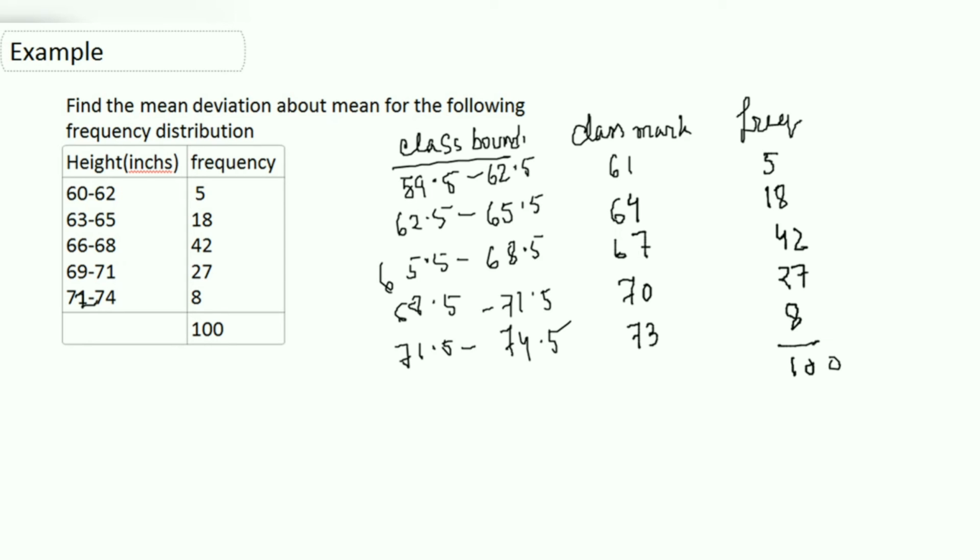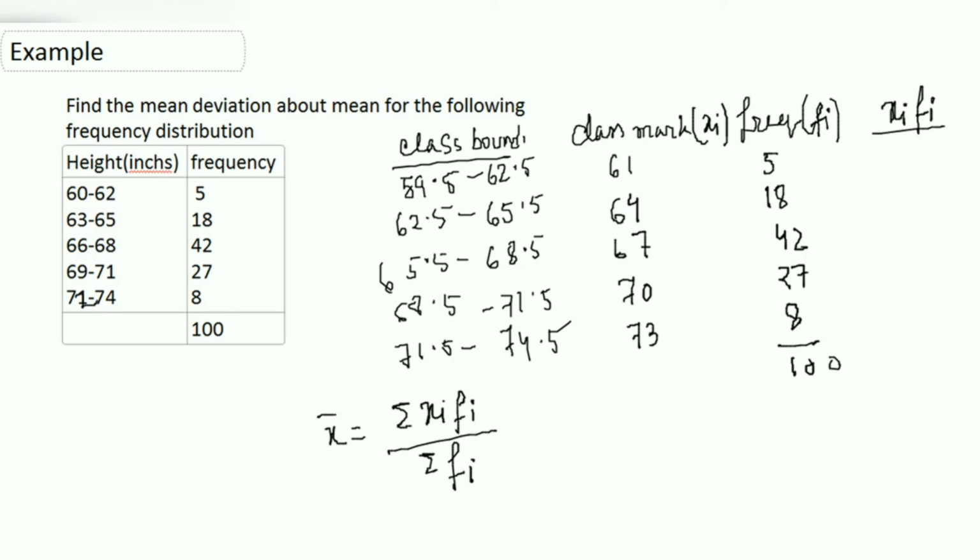Now we have to find the mean from this data set. The formula for mean x bar equals summation of xi fi divided by summation of fi. Here the class mark is our xi and the frequency is our fi. So we have to first find the value xi fi from this table. So 5 into 61 is equal to 305. 64 into 18 is equal to 1152.